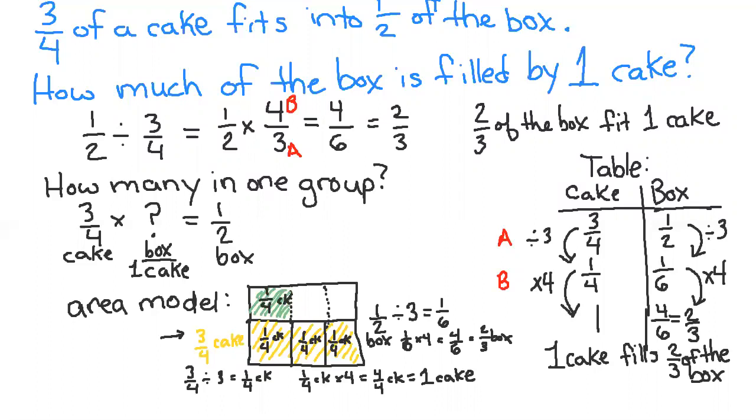So for a third time, we can see that when we divide by 3 and multiply by 4, just like we did on both sides of our table, just like we did in our invert and multiply algorithm, we get that 1 cake fits into 2/3 of a box.